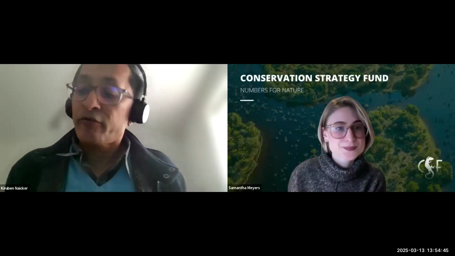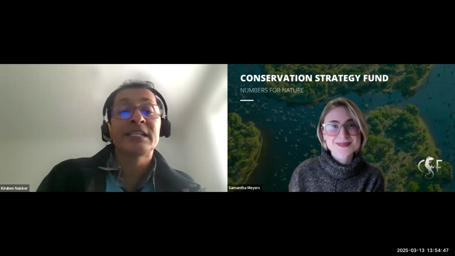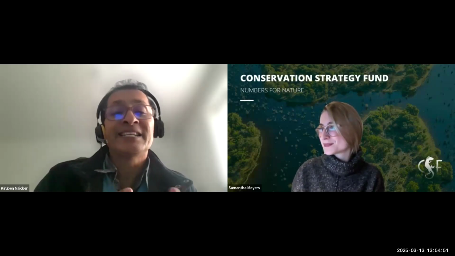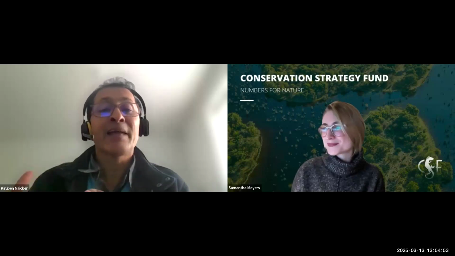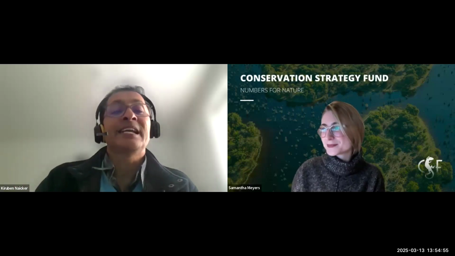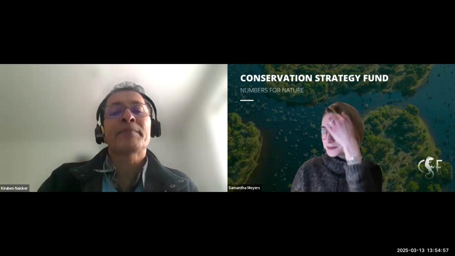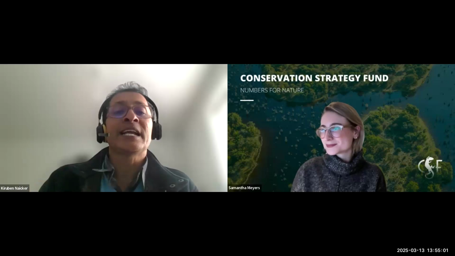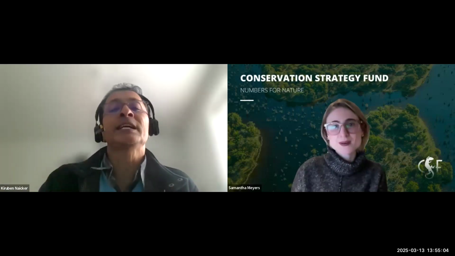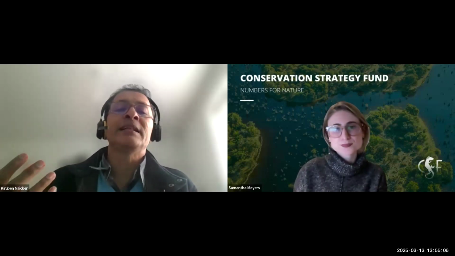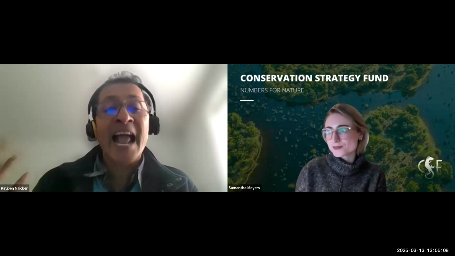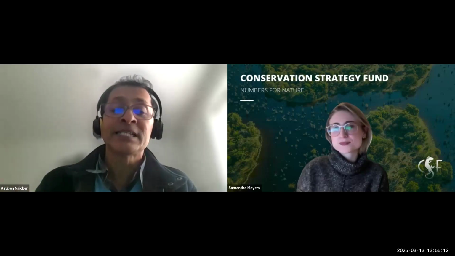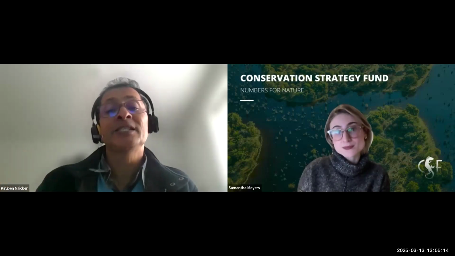So yes, of course, there are definitely synergies between the biodiversity sector and the climate. And there are initiatives around natural capital accounting and natural capital approaches, supporting the implementation of the National Biodiversity Strategy and Action Plans, which are driven by governments for implementation.